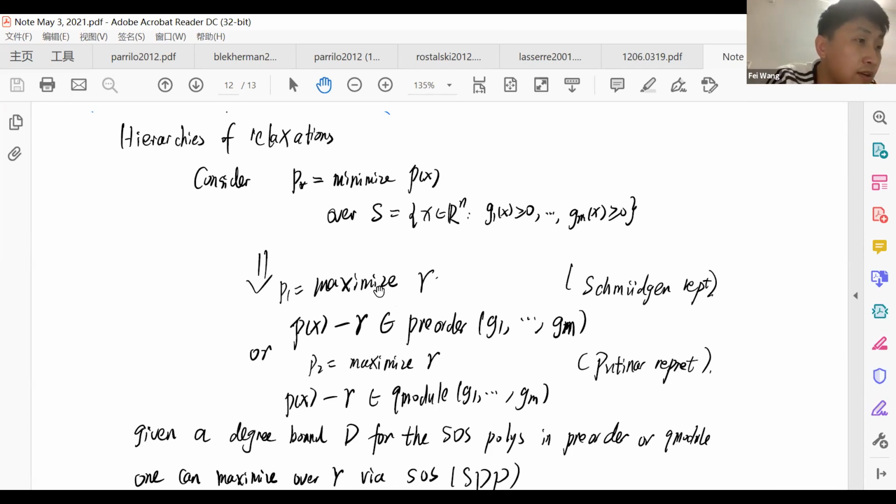So we instead maximize gamma, so that P(x) minus gamma is in the preorder of G1, G2, ..., Gm.